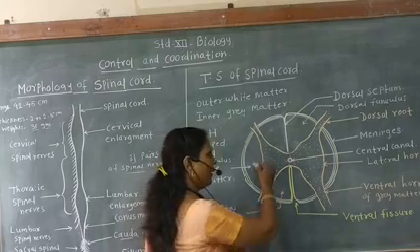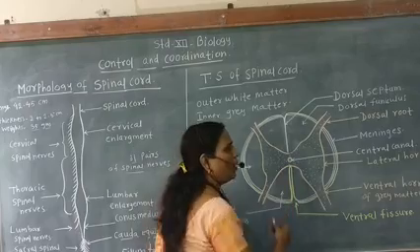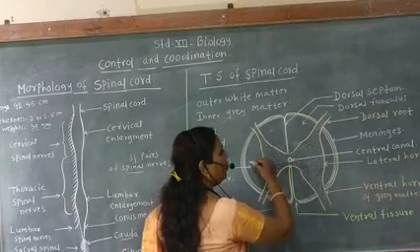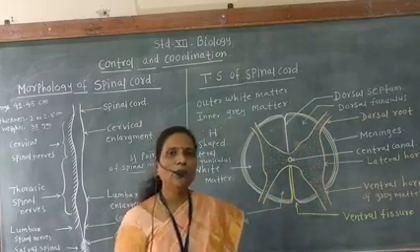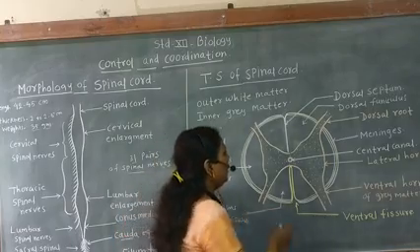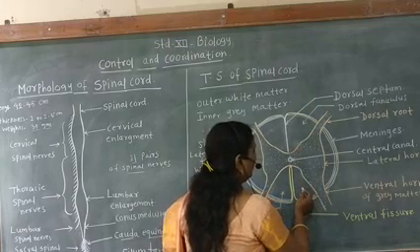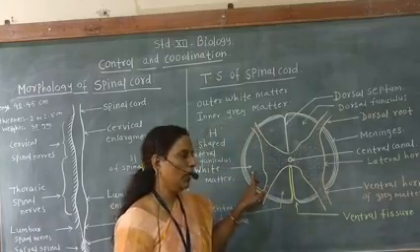The outside white matter is divided into funiculi or columns. Due to the horns of grey matter, the white matter is divided into columns or funiculi. This is the dorsal funiculus, this is the ventral funiculus and these are the two lateral funiculi.